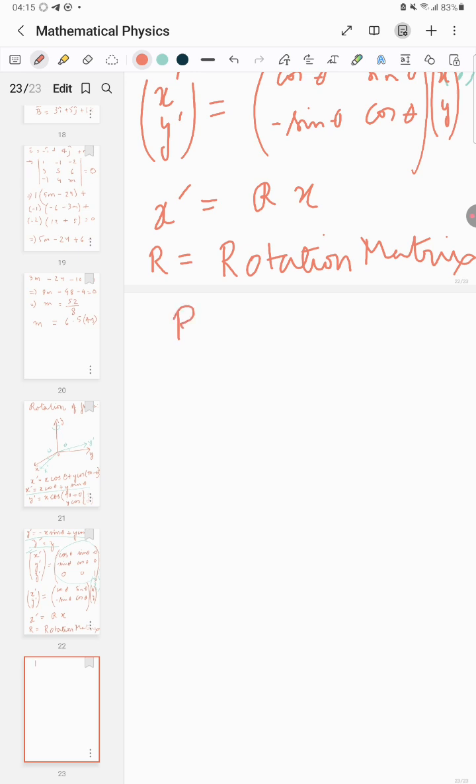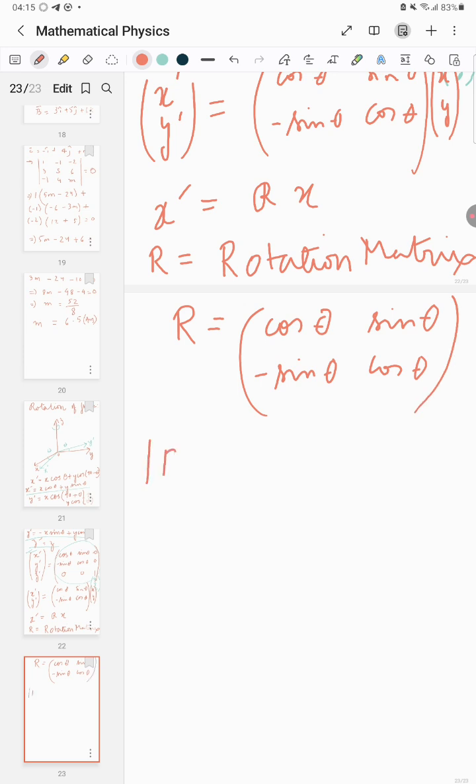So R is equal to, writing only the rotation matrix, cos theta, sin theta, minus sin theta, cos theta. That's it. So what would be the determinant of the rotation matrix?